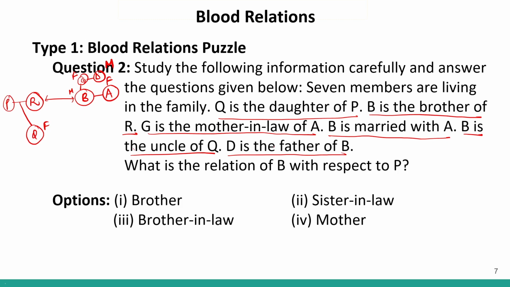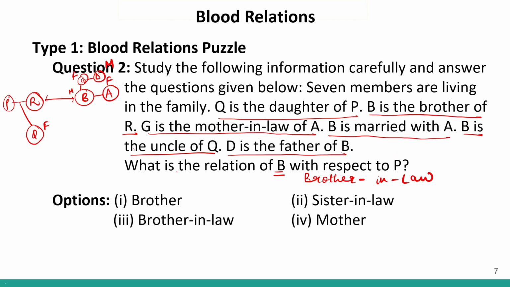Now we have to find out the relationship of B with respect to P. So whether P is female or male, B will always be a male. So brother-in-law. Correct? Because we had to identify the relationship of B with respect to P, not otherwise.